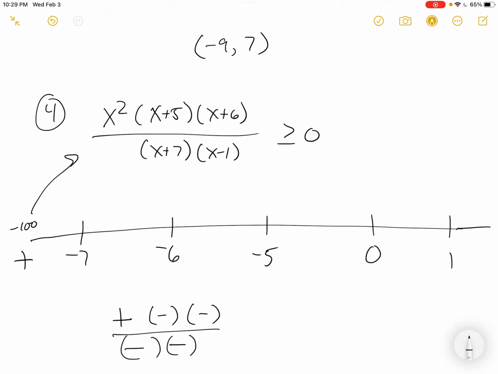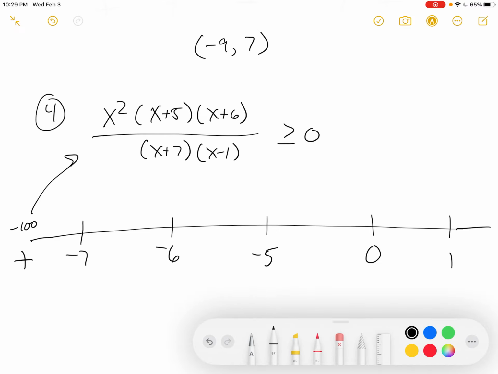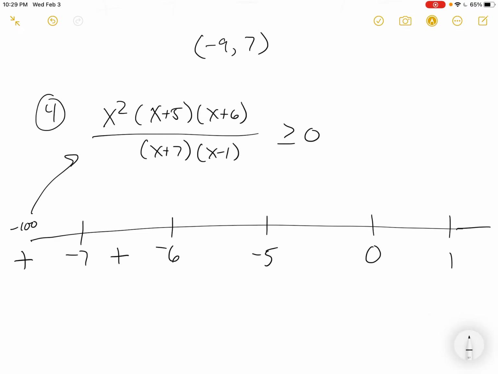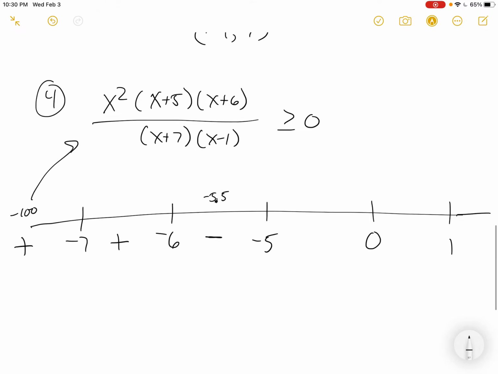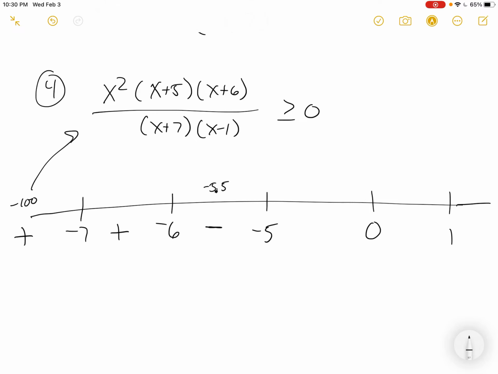Now -7 is a vertical asymptote, so I'm going to jump to the other side, and I'm going to be positive. And then at -6, I'm going to pass through, and I'm going to be negative. So if you're thinking, well, how do I really know that's the case? I suppose you could do the old intermediate algebra concept of plugging in a number represented from each region.